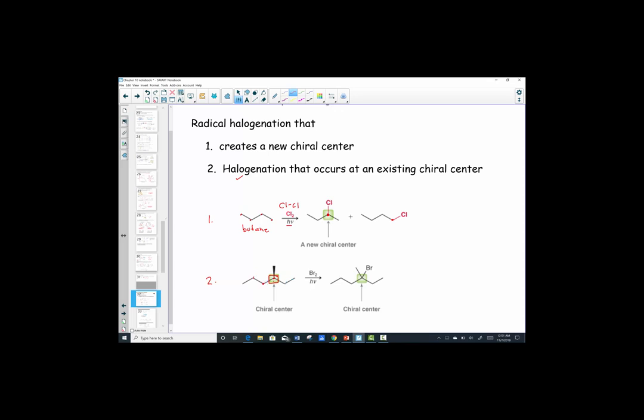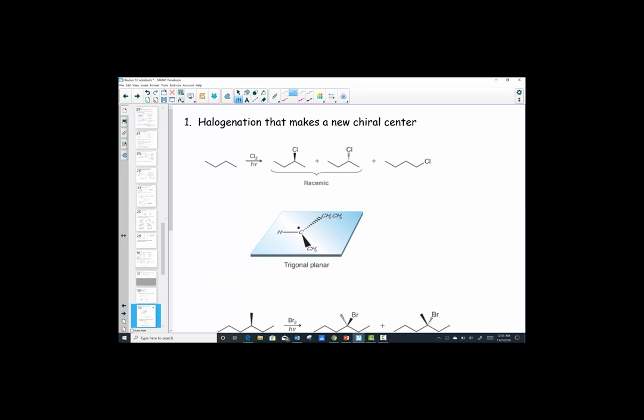You have 3 carbons in one direction, 2 carbons in the other, and 1 carbon coming up top. And of course, the 4th bond is a hydrogen. We just don't see it. When the bromine adds to an already existing chiral center, it still retains its chirality, simply because the hydrogen has been replaced by the bromine, and it still has 4 unique positions. Now let's explore the stereochemistry part of that.